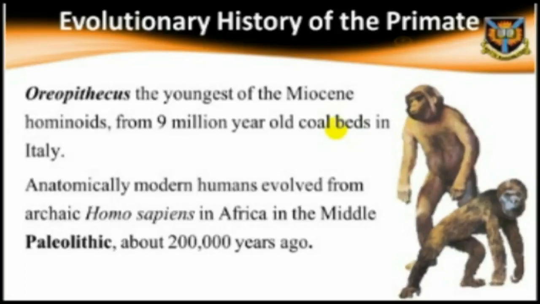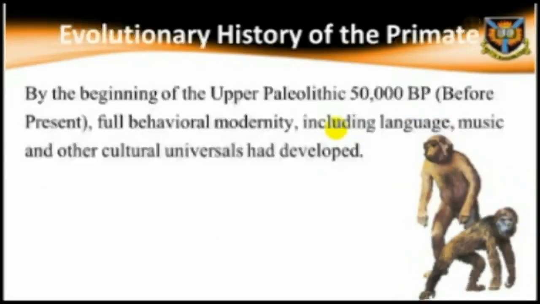Anatomically modern humans evolved from the archaic Homo sapiens in Africa in the Middle Paleolithic, about 200,000 years ago. By the beginning of the Upper Paleolithic, 50,000 BP, full behavioral modernity, including language, music, and other cultural universals, had developed.